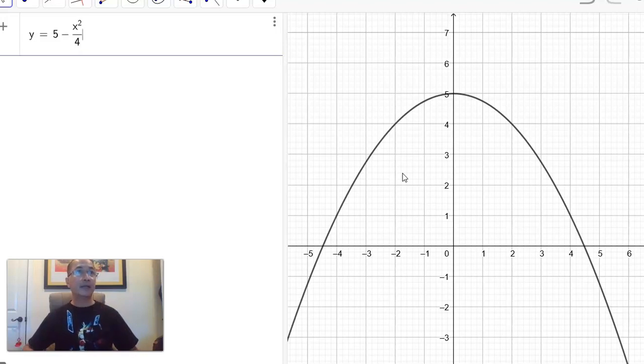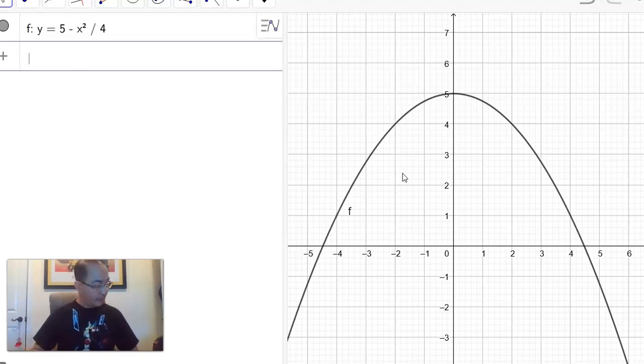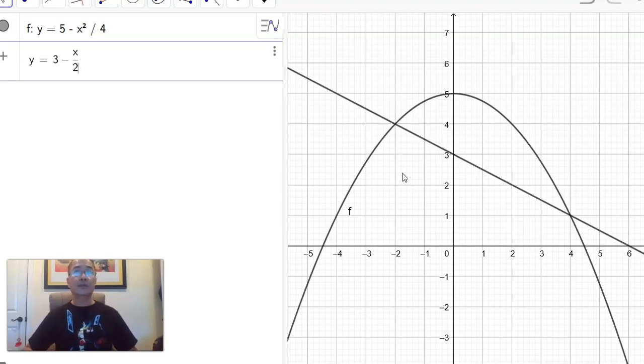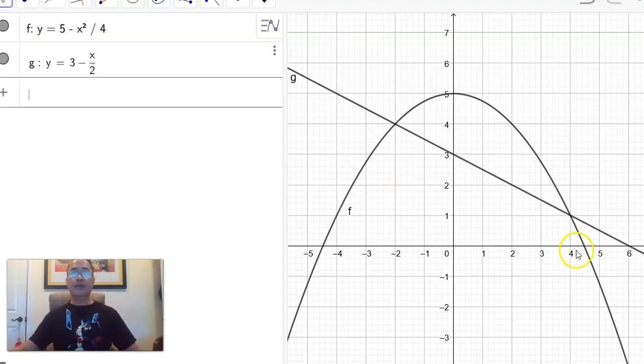So we have an upside down parabola, and we have y equals 3 minus x over 2. All right, so we have that line. So we have this region over here, and we want to find the mass of this region given the density that we have.